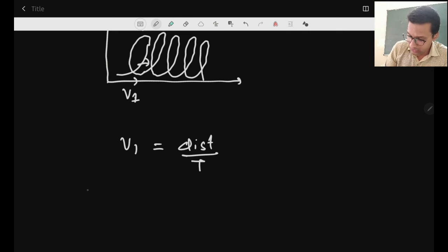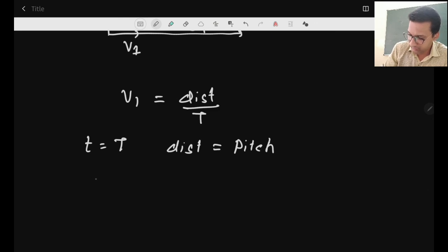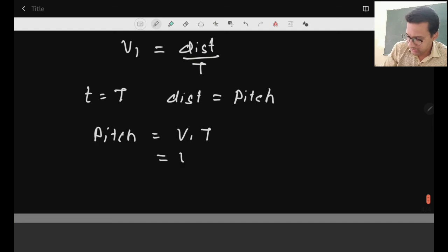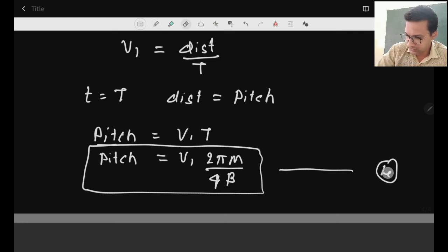So the pitch of that helical path will be equal to v1 into T. We know that T is 2 pi m divided by q into B. So this will be the equation for the pitch, let us call it equation number 5.